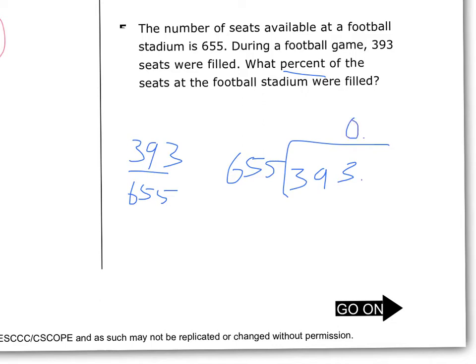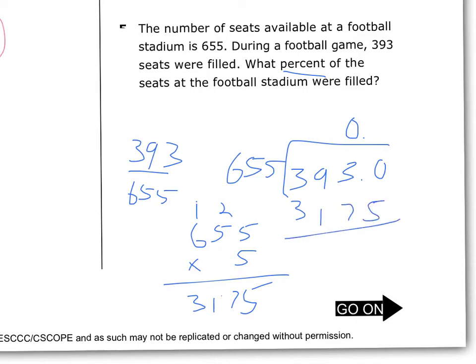0 times. Now we're going to have to play a little bit of a guessing game. How many times do you think 655 will go into 3,930? 2? No. 5 is a good guess. Let's give it a shot. Oh, sorry. 3275.